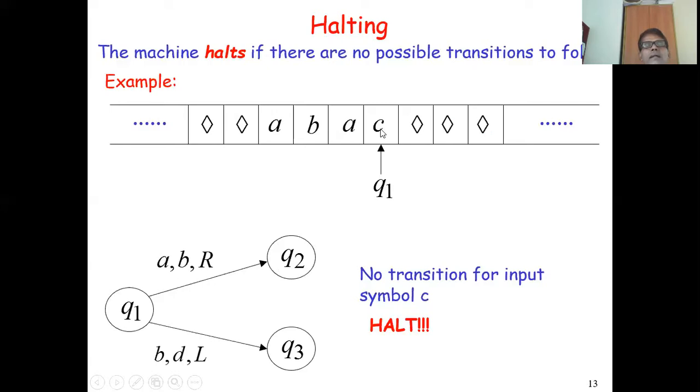We have defined transitions for the input symbols A and B, but not for C. Therefore, the machine will halt at this stage.